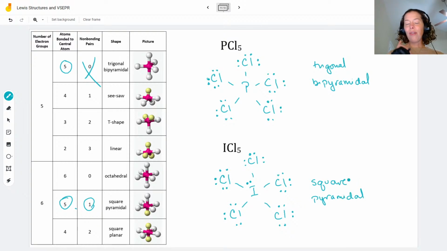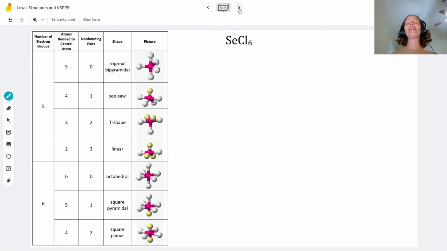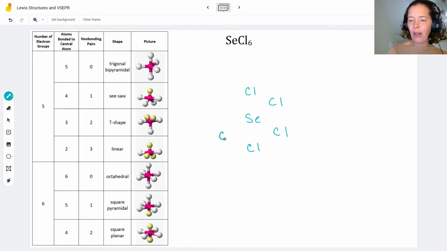Okay, so we have one more to do. Our last one, our SeCl6. Okay, so I've got to fit 6. 1, 2, 3, 4, 5, 6 chlorines right here.